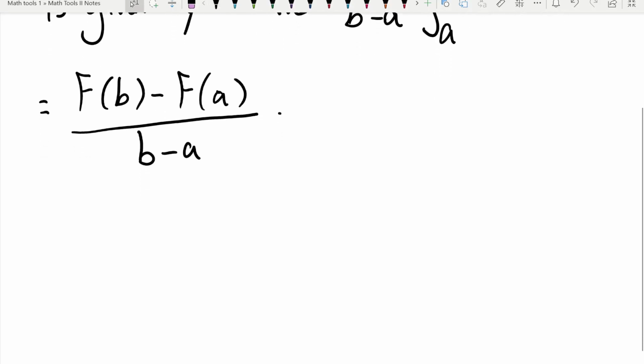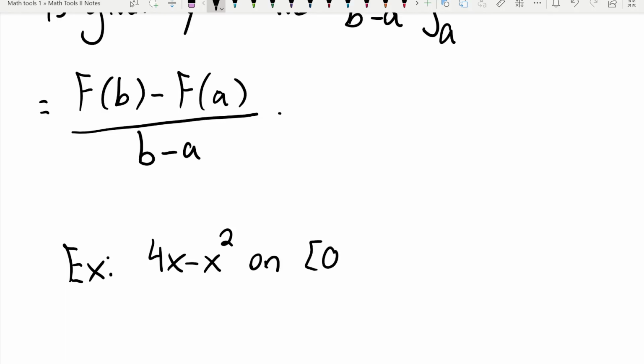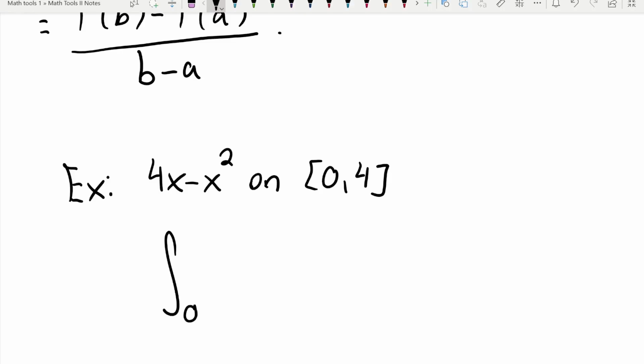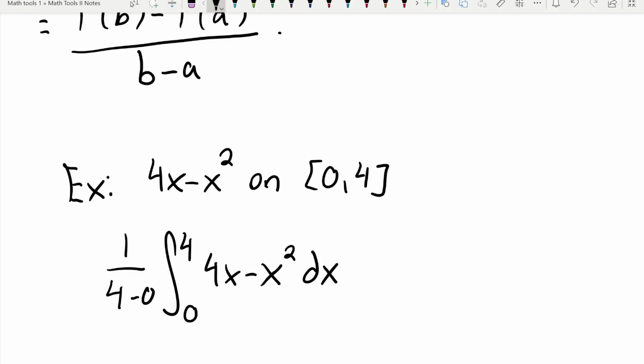So we can just look at a couple of examples here. Let's say we want to find the average value of 4x minus x squared on 0 to 4. Using this formula, we're going to take the integral from 0 to 4 of 4x minus x squared, and then multiply this by 1 over 4 minus 0, so just 1/4 in this case.